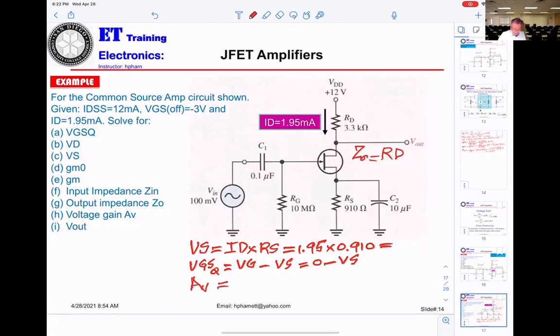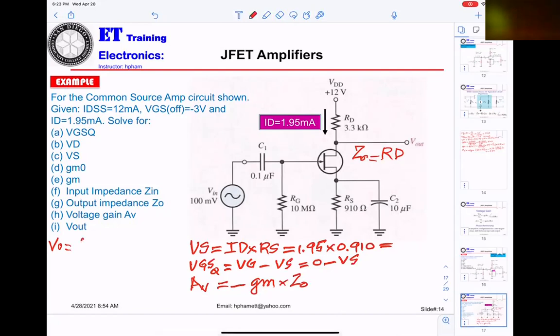AV equals minus GM times RD, that means times R big D. And if they want to calculate the V out, then you know V out equals AV times VA.